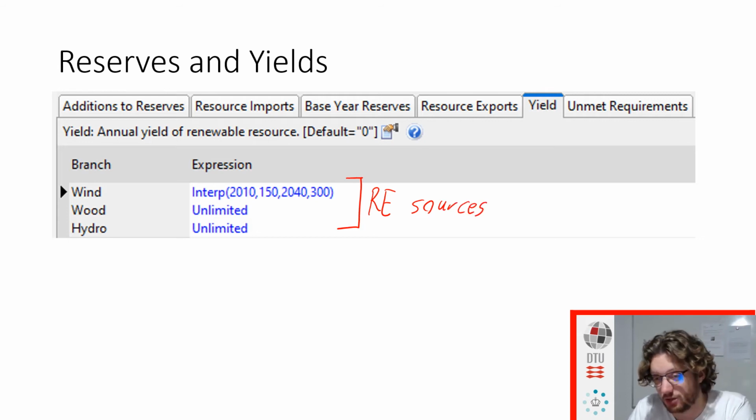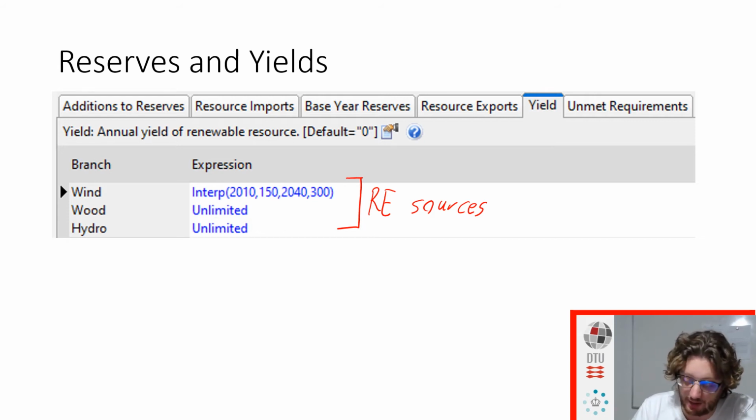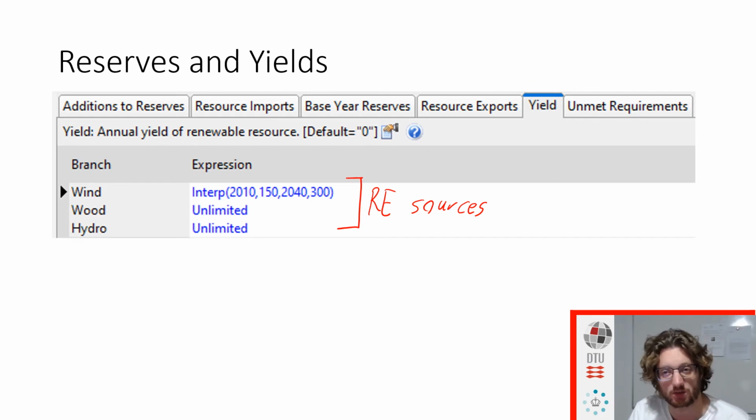So of course, and I should mention, this is a little bit, actually this is very stupid, it should be the other way around. This is just the resource potential basically per year, and when we're talking about yield, not the technological capacity we have in the country.